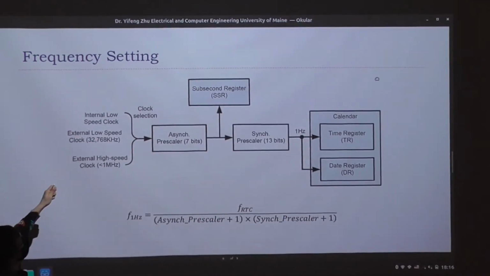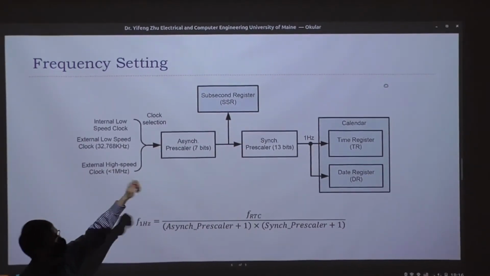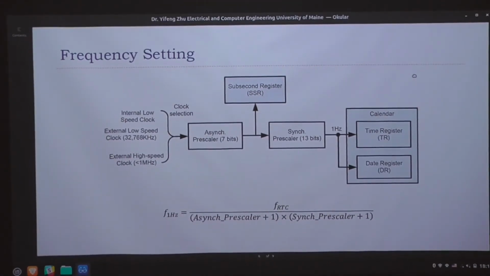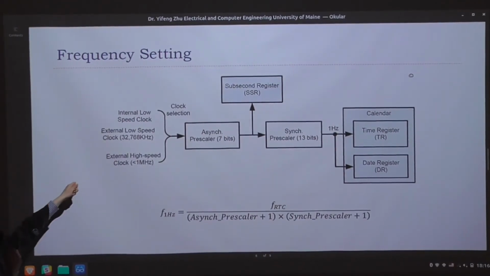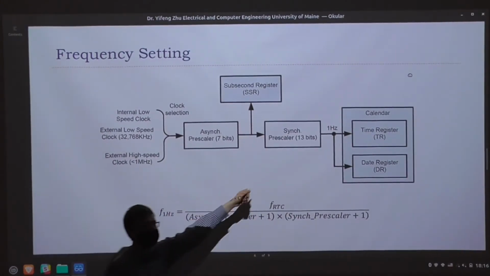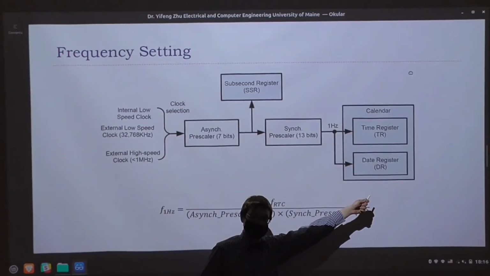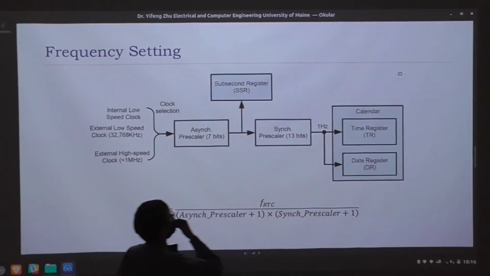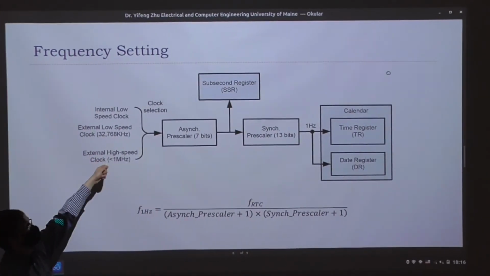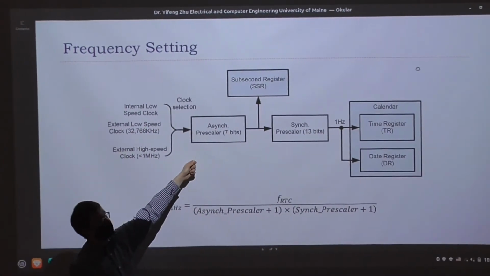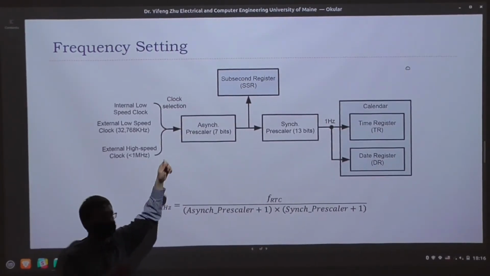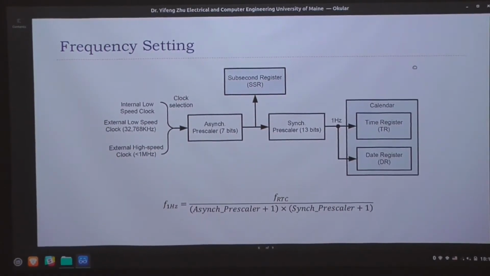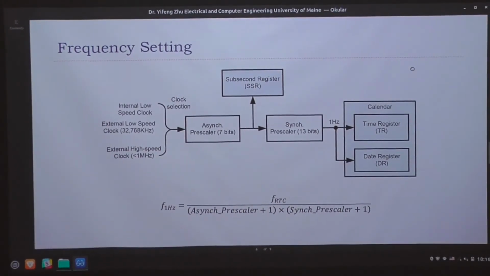So this is how the real-time clock has data flow from the clock signals themselves through to the calendar registers in which the data is actually stored and retrieved, right? So you have the clock signals come in, you have an asynchronous prescaler, which scales that down so that you can extract the subseconds, say milliseconds, right?